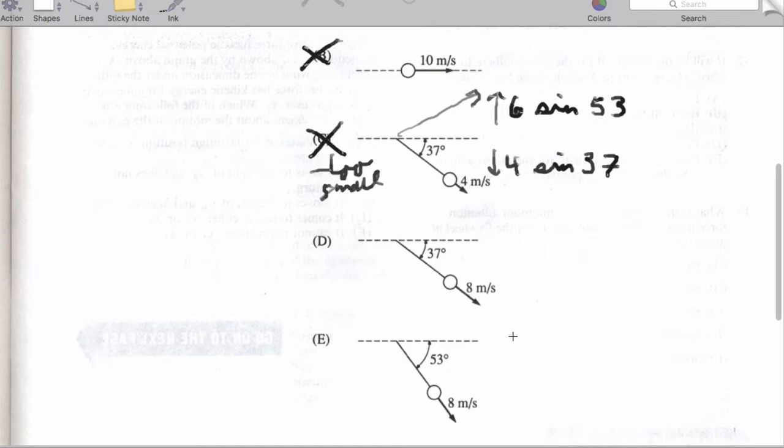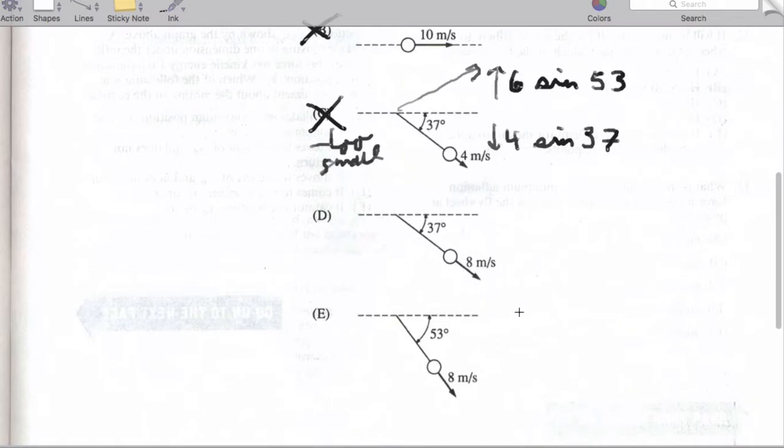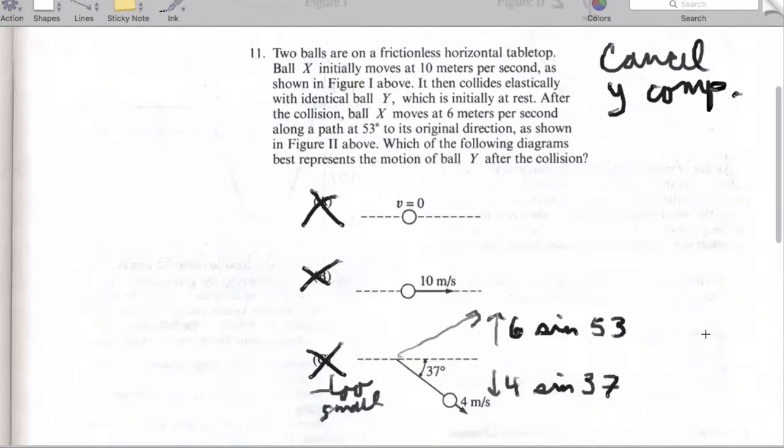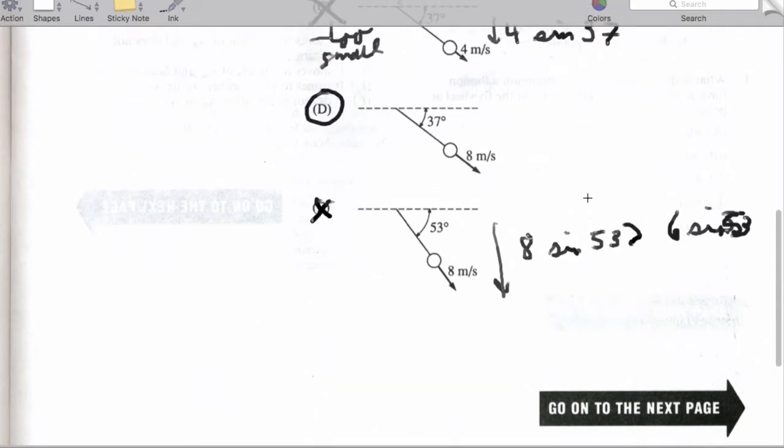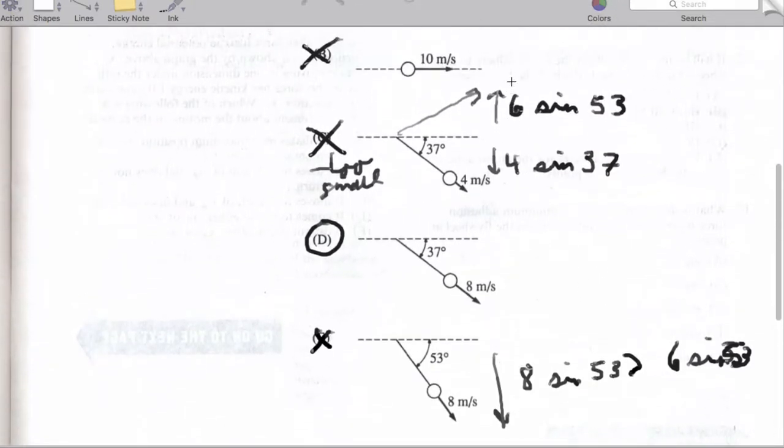Now we've got these two. Either seems plausible. Let's just double check. So here I have 8 sine of 53, which is way bigger than 6 sine of 37. 6 sine of 53, sorry. So that's going to rule out choice E, so that only leaves us choice D as the thing that could possibly cancel. So what I'll say here is this doesn't work because it's too big.